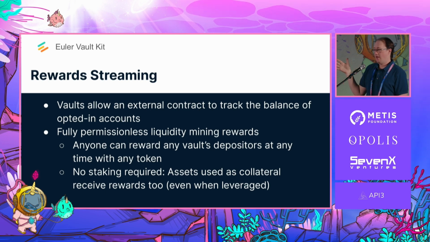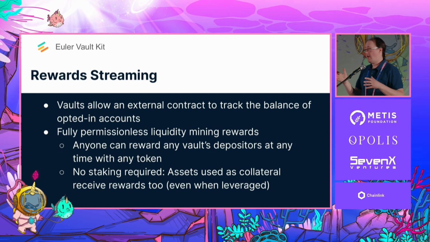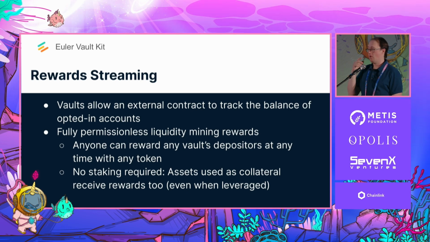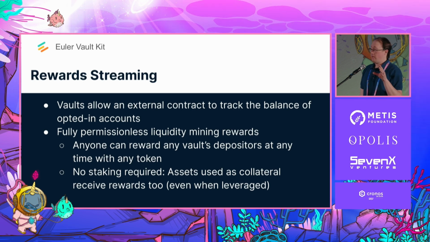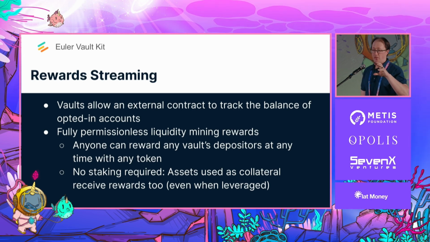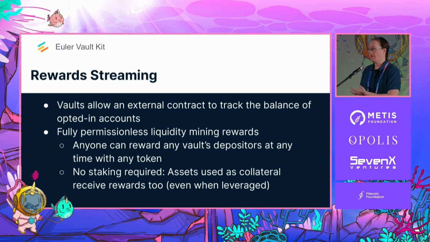What we want is that vault depositors can be rewarded by anyone, in any token, at any time, right? So you don't have to interact with the vault creator to reward depositors with a token. It's a maximally flexible system. The really key part is that because there's no staking required, you're not taking your shares out of the vault in order to earn the rewards.